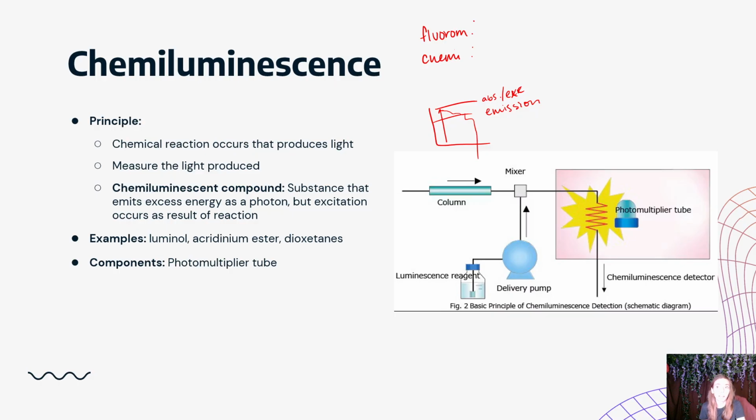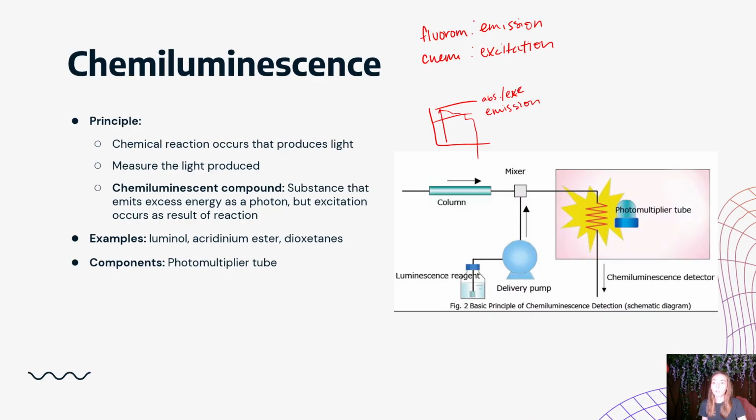We are measuring in fluorometry the emission stage. In chemiluminescence, we are measuring the excitation stage, the production of that photon. We are measuring the energy of the initial reaction. We are measuring that moment of absorbance / excitation.